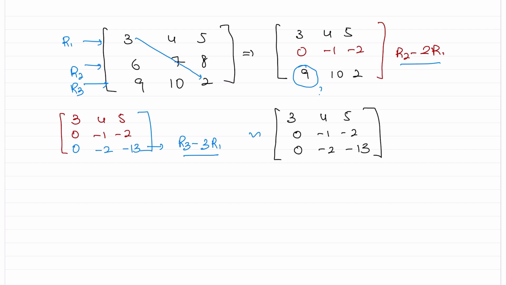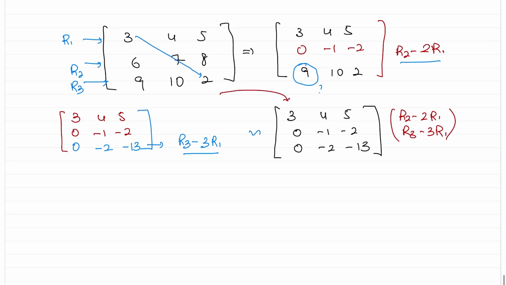These two operations I can write simultaneously in a single operation only, like R2 minus 2R1, R3 minus 3R1. This is the result of these operations on this matrix. This is the result. Now, what I have to make? Below the diagonal element, another one also is to be made 0.